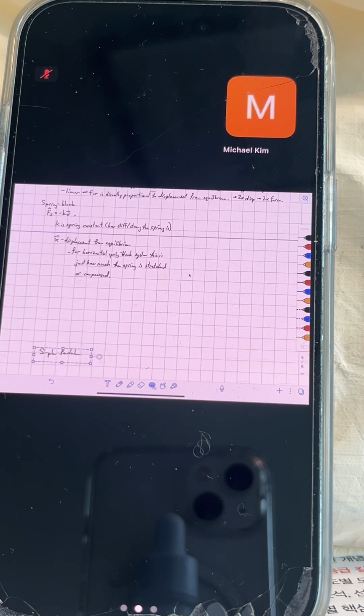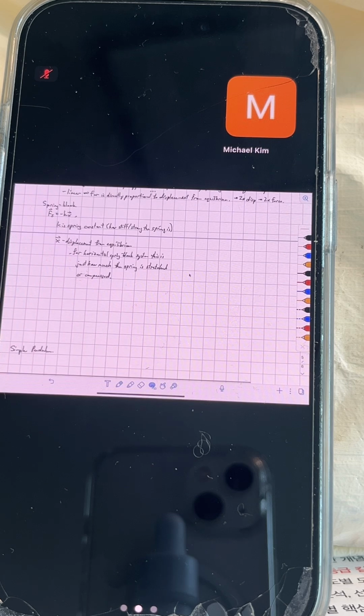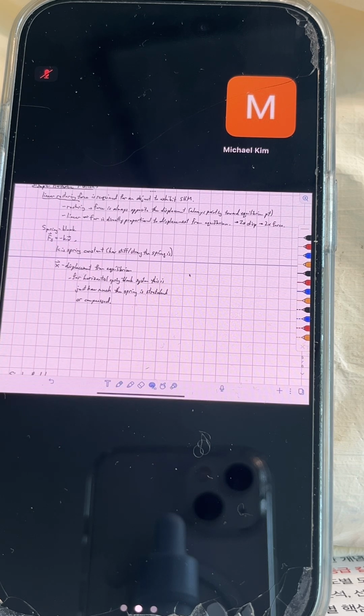And so, we did some problems, just to get used to how these things work.